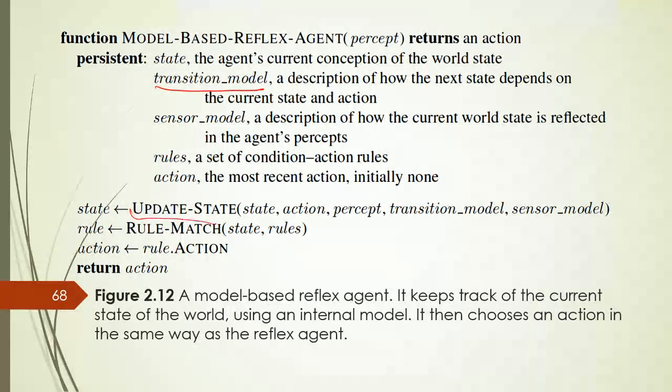So update state based on the current state, based on the action I'm taking, based on the percept we have, based on the transition model. How do you transit from state to state? For a taxi driver, well, the road ahead is closed. There is another road on your right. There is another road on your left.